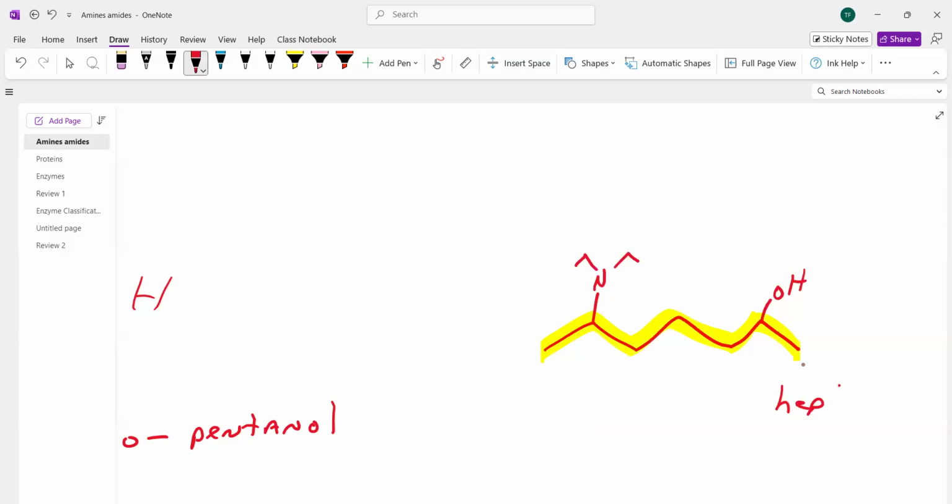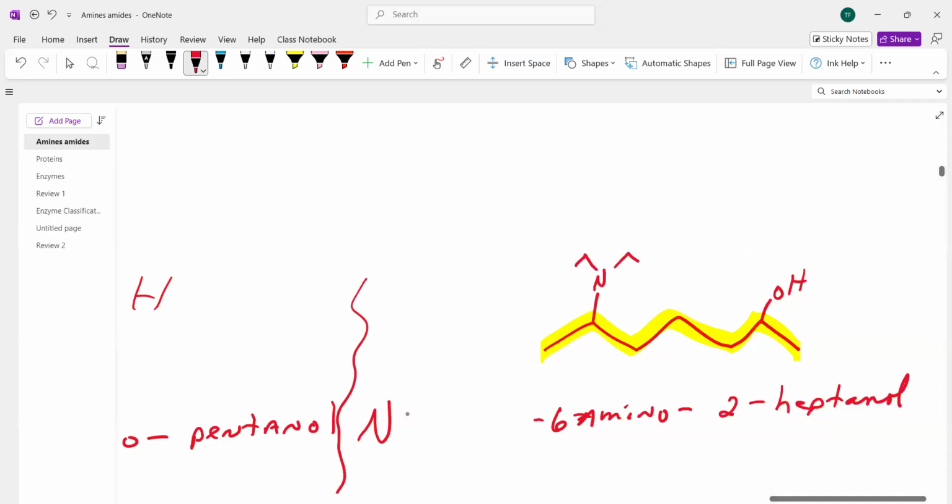It means it's a heptanol. And the functional group is on carbon number 2. And we have an amine branch at 2, 3, 4, 5, 6. So it's going to be 6 amino. And we have non-hydrogens coming off of the nitrogen, 2 ethyl groups. So it's going to be diethyl 6 amino 2 heptanol.